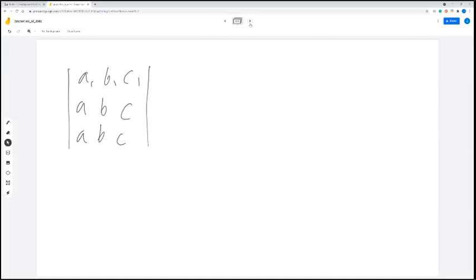Why? Because I know that if I switch any two rows, it must change sign. In particular, if I switch the second row and the third row, it must also change sign, right? But you see that if I switch, nothing changes, because the rows are identical.